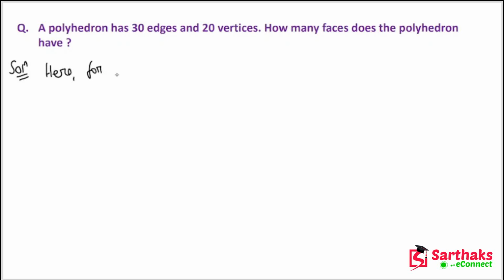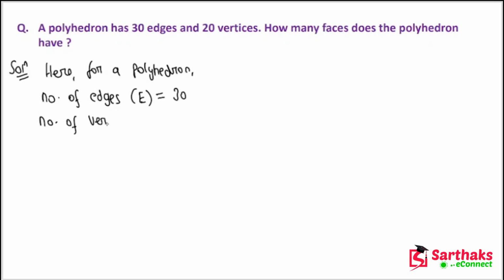For a polyhedron, number of edges, that is E, is equals to 30, number of vertices, that is V, is equals to 20, and number of faces, that is F, is equals to question mark. Now it is asking to find this number of faces.